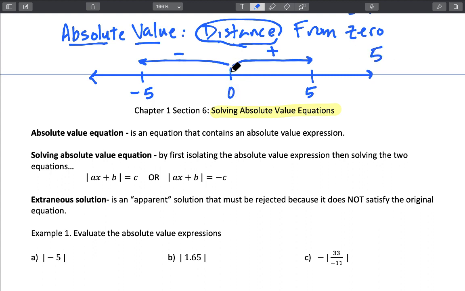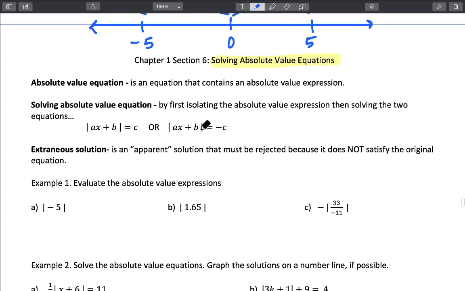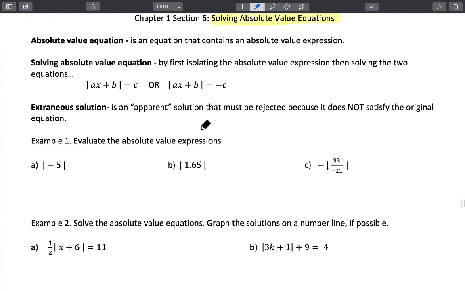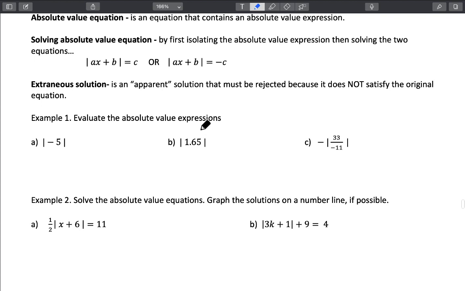However, this idea of moving to the right from 0 on the number line and moving to the left from 0 on the number line sets up the unique fact that when we solve equations that involve absolute values, we have to allow for two possibilities, either the positive value or the negative value. So here's our key concept for today.